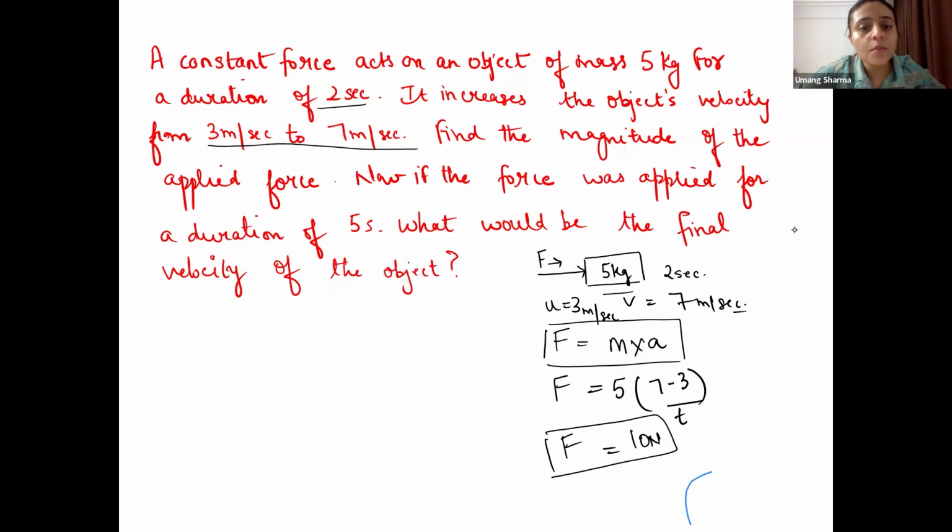Okay, Dhanishri, thank you so much for writing this explanation. Okay, so now tell me the next part. If the force was applied for a duration of 5 seconds, what would be the final velocity? What do you have to calculate now? Anybody? Any guesses?